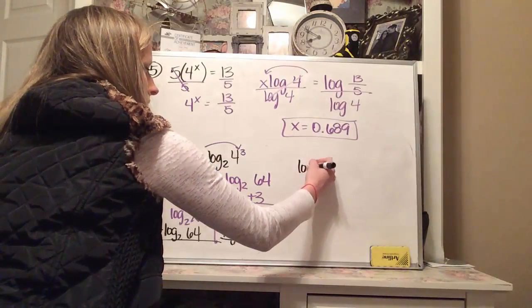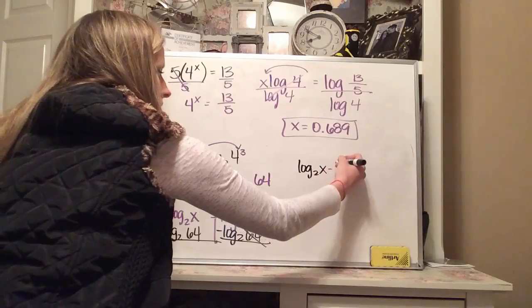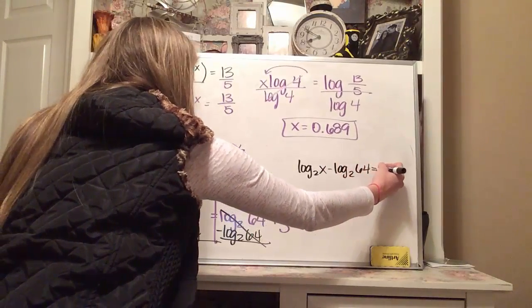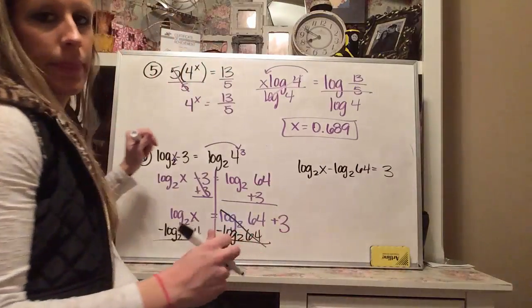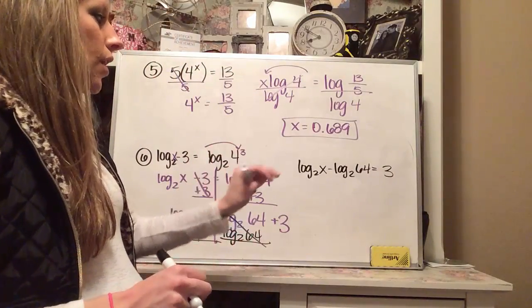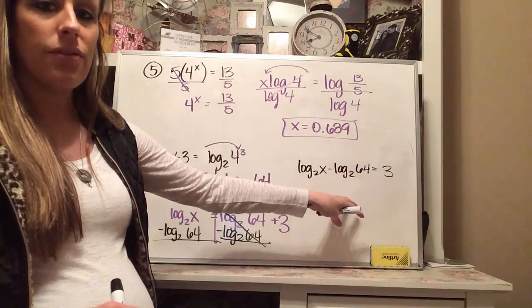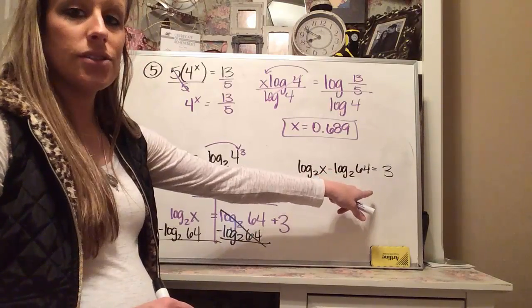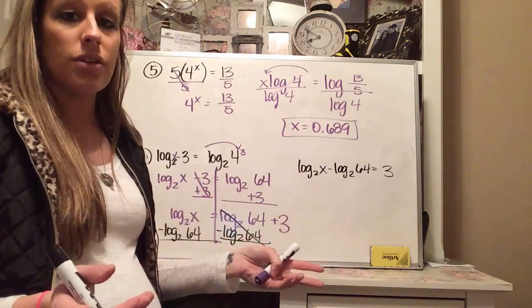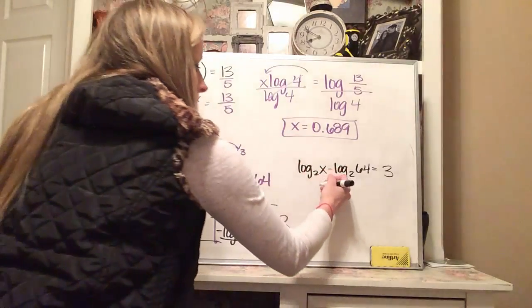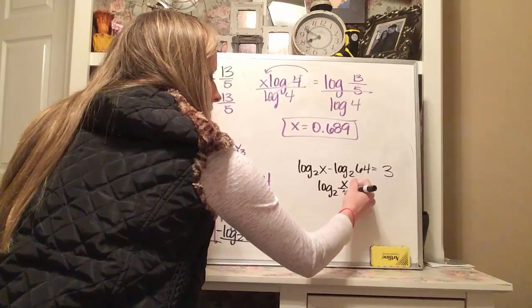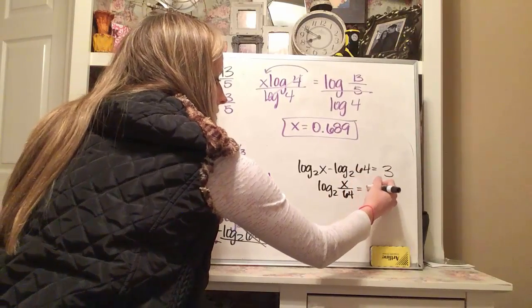So we have log base 2 of x minus log base 2 of 64 equals 3. Alright, so I need to simplify this left side. If I'm subtracting these two, my laws of logarithms tell me that means I'm going to divide those two. So x divided by 64 equals 3.